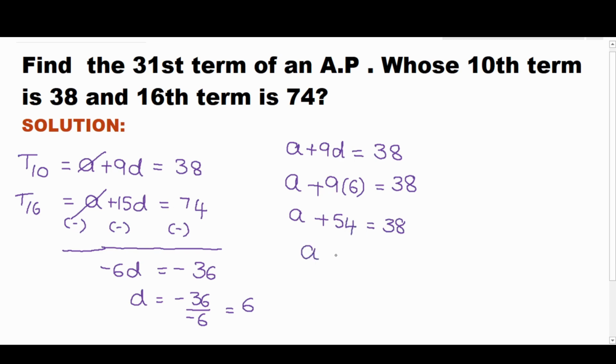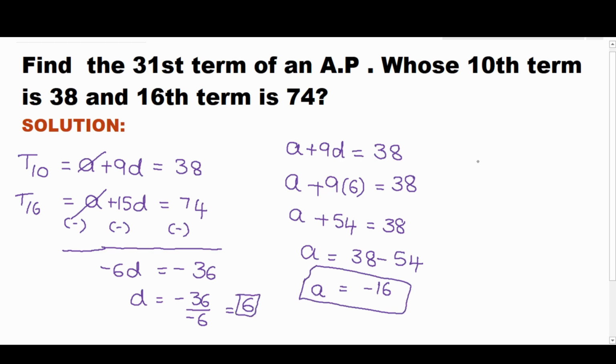Let me find a value. a is nothing but 38 minus 54. So on subtracting, I land up with a as minus 16. Now we have got a value as minus 16 and d value as 6.